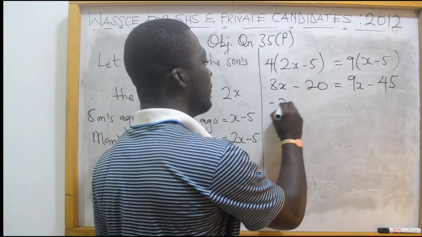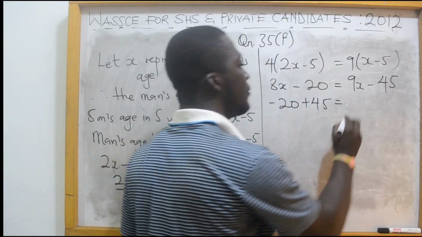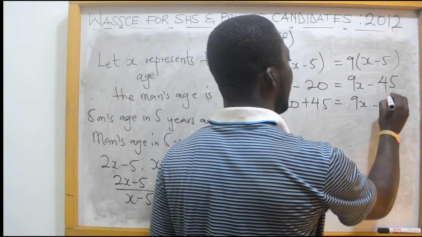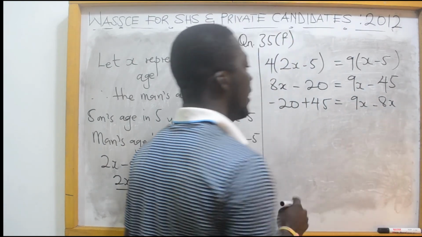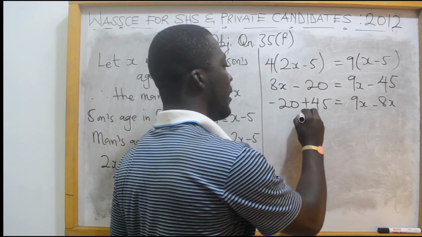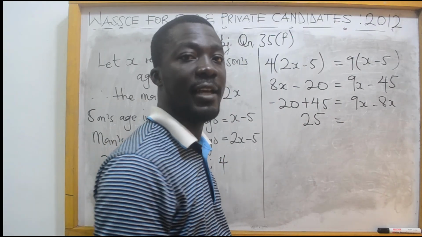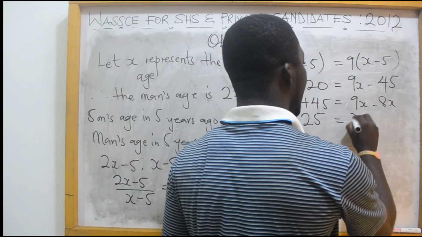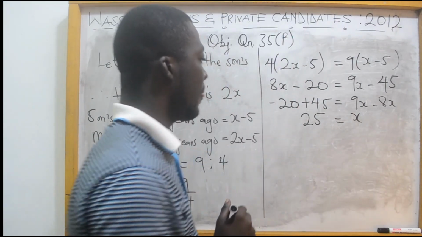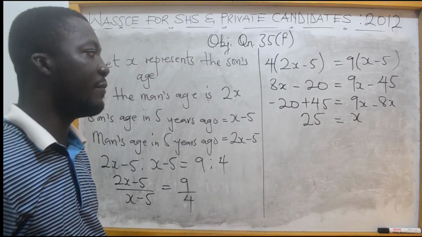So we get negative 20 plus 45 is equal to 9x minus 8x. And when you simplify, negative 20 plus 45 is 25 is equal to 9x minus 8x is x. So the x that we said is the son's age is 25.